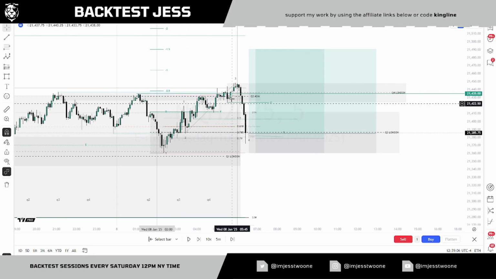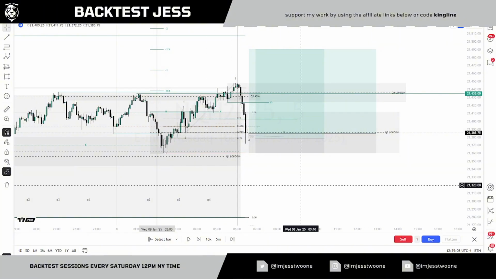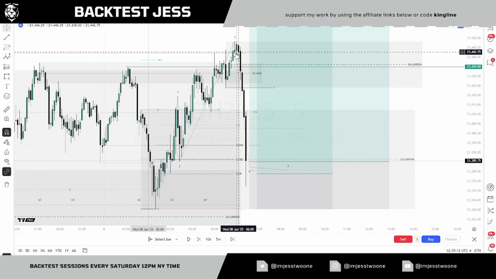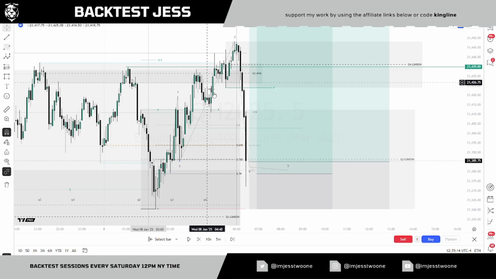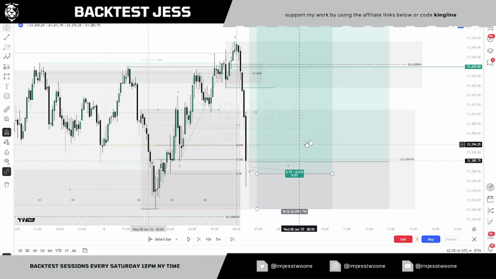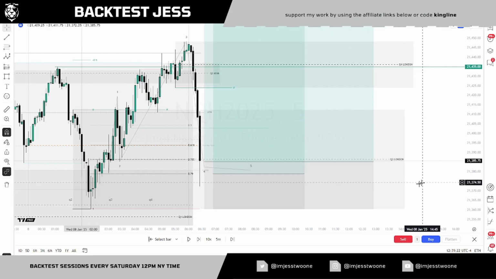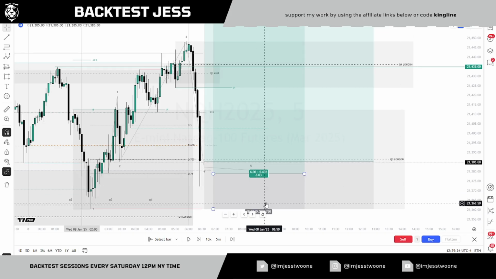So these are all cues that would tell me not to take this trade. But mechanically speaking, which again is kind of ambiguous for SBS, this would be the trade that we take if we're taking this trade out of Q3 here. So let's see if we just get the entry.